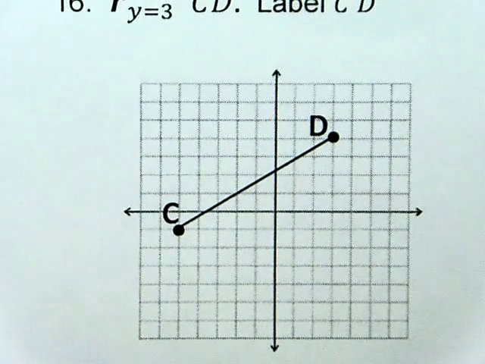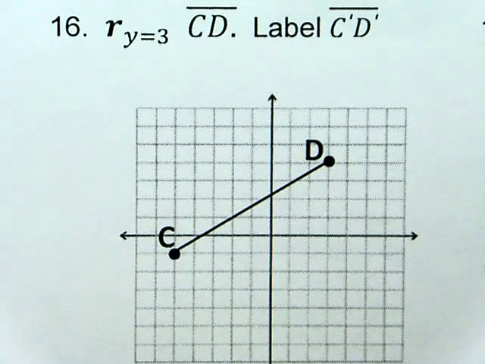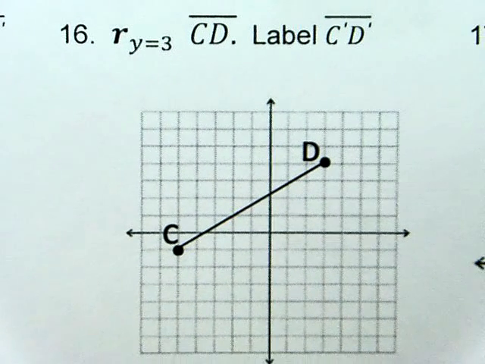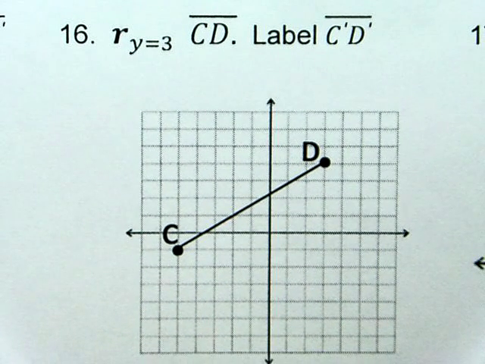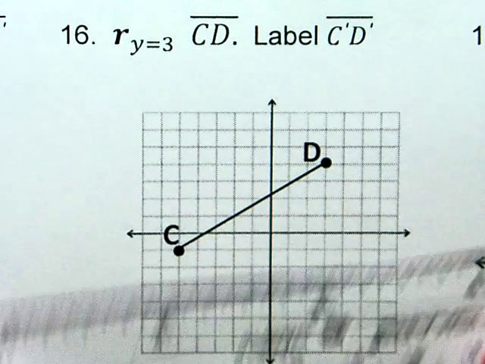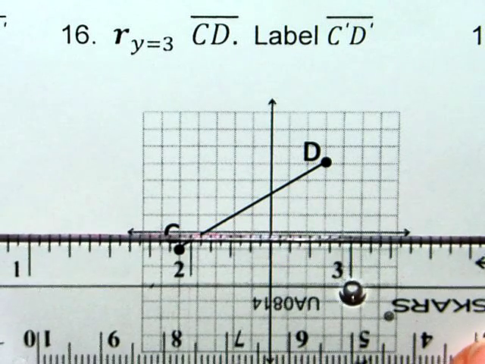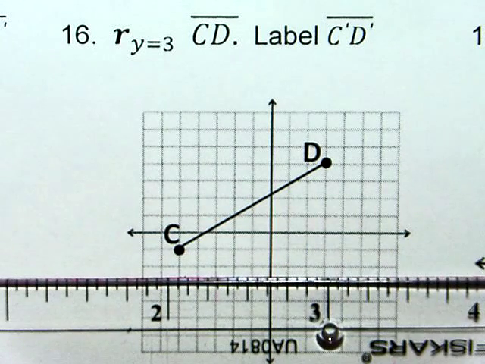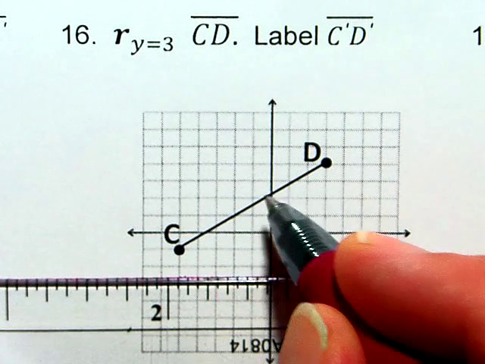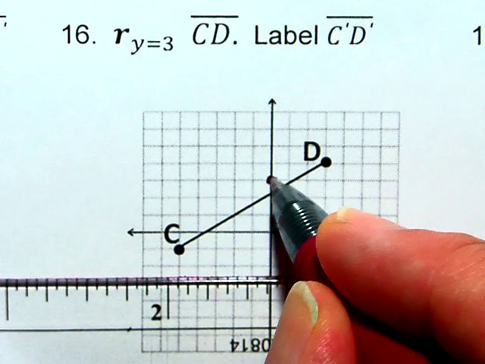Let's go on to this next problem, 16. We are being asked to reflect line segment CD across the line y equals 3. So we've got to draw y equals 3 so we can reflect across it. Remember, the line y equals 3 is parallel to the x-axis, but 3 units above it.